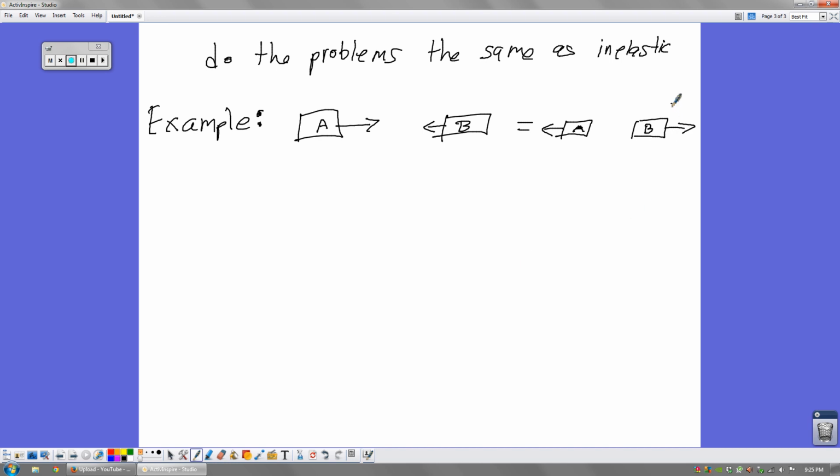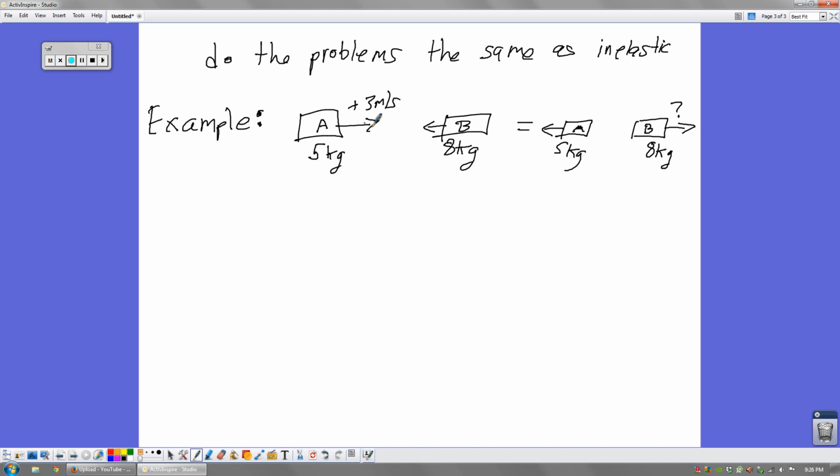I want to know what that velocity is. So let's talk about what we know. We know that the mass here is 5 kilograms. We know the mass here is 8 kilograms. We know that this is positive 3 meters per second.